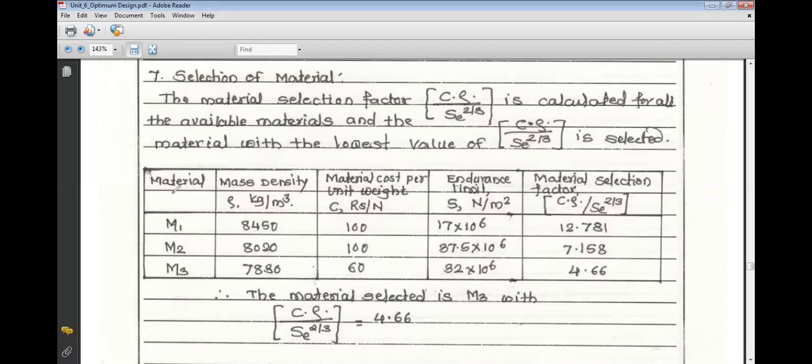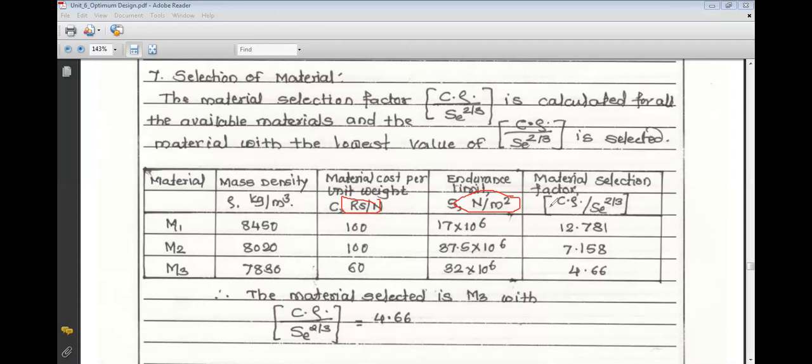So again we have to draw a table. Materials M1, M2, M3, then mass density in kg per meter cube, and material cost per unit weight is given in rupees per Newton. Now the endurance strength is given in Newton per mm square, so we have to convert that into Newton per meter square by multiplying by 10 raised to 6.